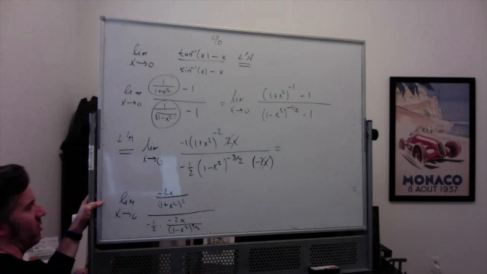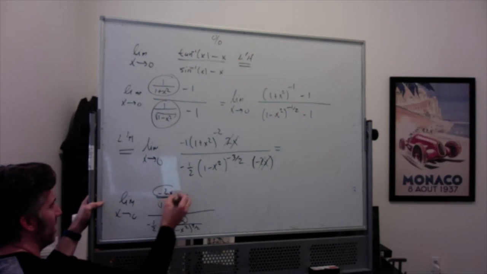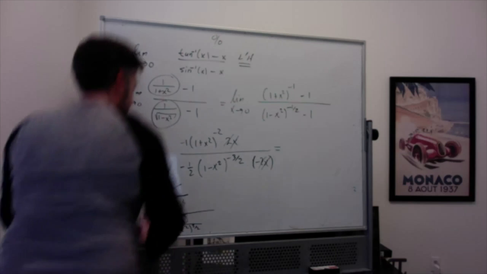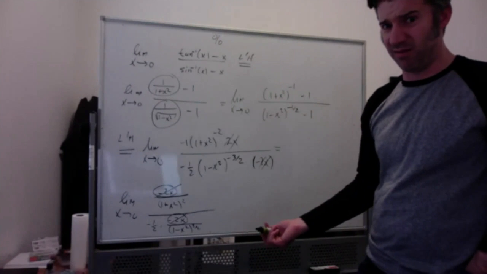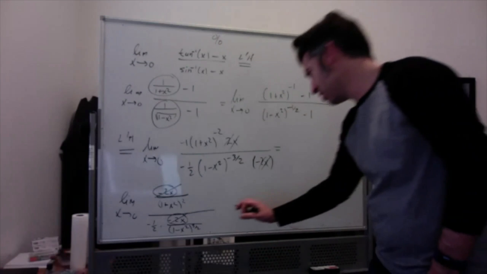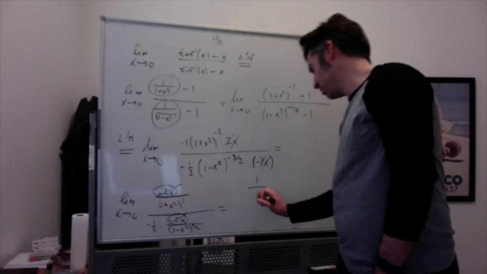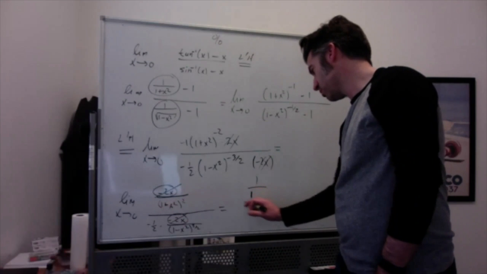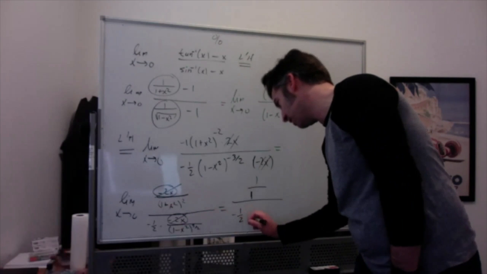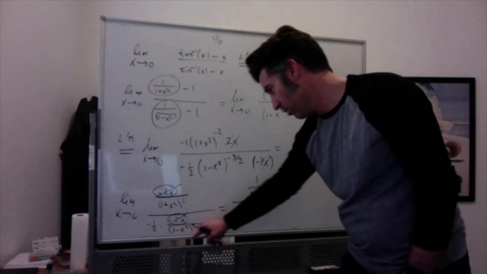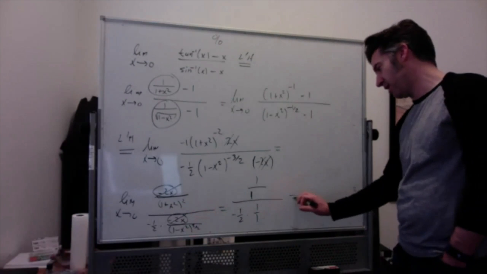But the important thing to recognize is that this negative 2x and this negative 2x will cancel out. You could simplify further, but why bother? Let's just plug in 0 and get 1 over 1 plus 0 is 1, over negative 1/2 times 1 over 1. So I end up with 1 over negative 1/2, which is negative 2.